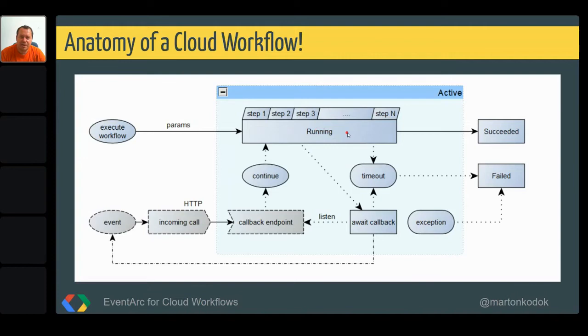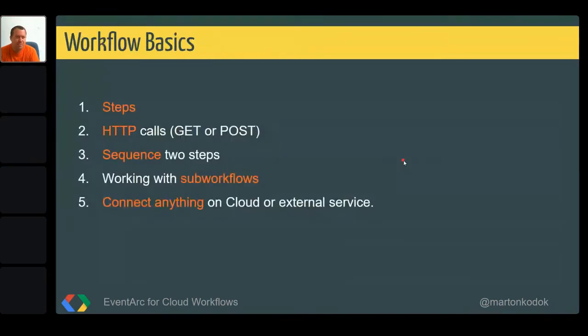And the running phase can actually go into a timeout or into a succeeded state. The timeout state can actually go into the failed one. There is also this underlying callback system, which we will discuss later on some other slides. But basically, you have a starting point, a few steps, and a succeeded or failed status for it.